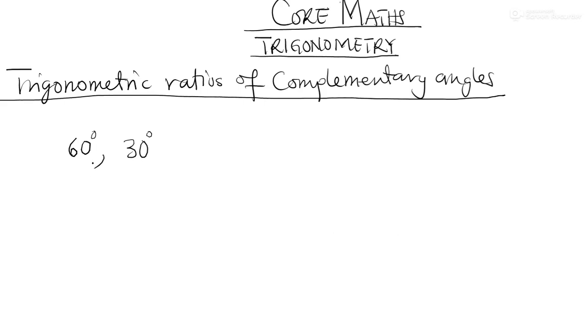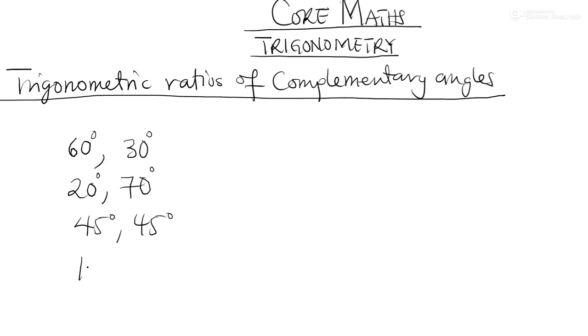So these two angles, 60 and 30, are complementary angles. Why are we saying they are complementary angles? Because they sum up to 90 degrees. So you can have 20 degrees and then 70 degrees. You can have 45 degrees and another 45 degrees.